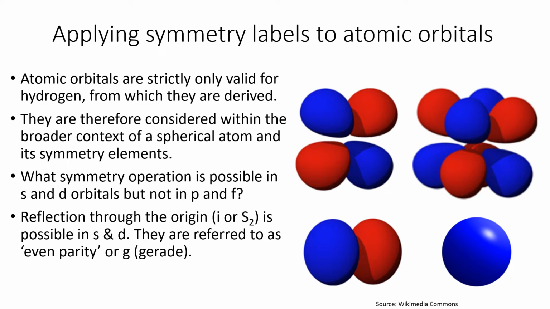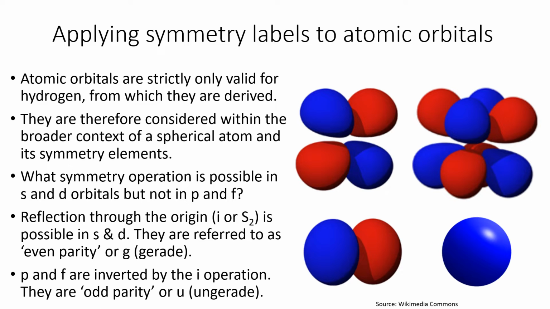There's a kind of oddness about this symmetry, and these are regarded as odd parity. The odd and even parity that relate to this reflection through the origin are often given the labels g and u, for gerade and ungerade, which I think is German for even and odd, respectively. It's a very simple operation, reflecting through the origin, and of course this is normally a symmetry element which is permissible in a symmetrical atom. So we're just looking at the orbitals within this context.